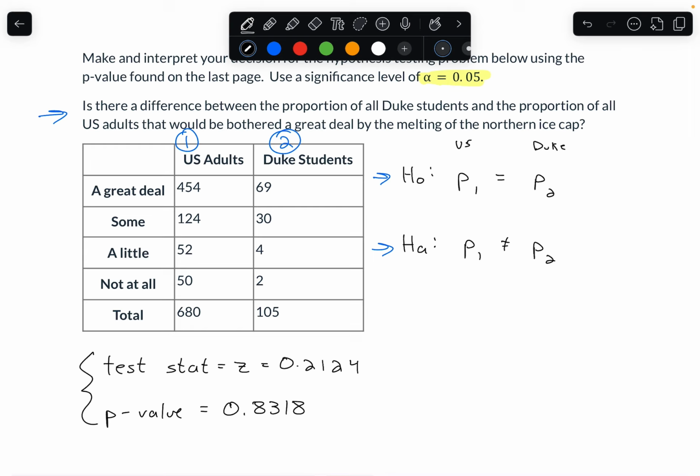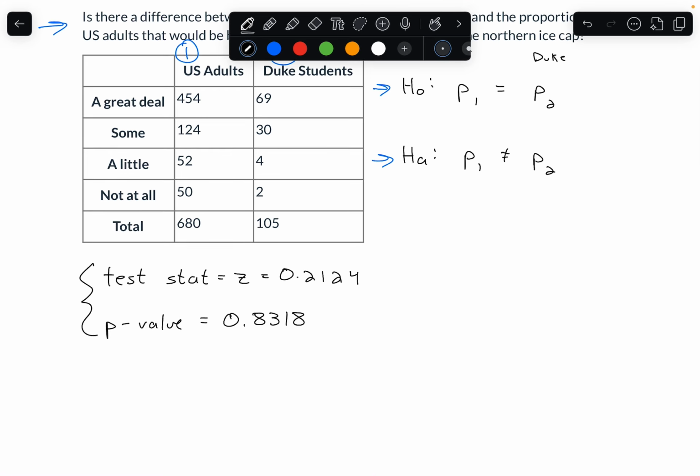The really nice thing about these types of problems and these hypothesis tests is that once we get past the calculation of the test statistic, the portion where we make our decision is still exactly the same. We're going to compare our p-value to alpha.